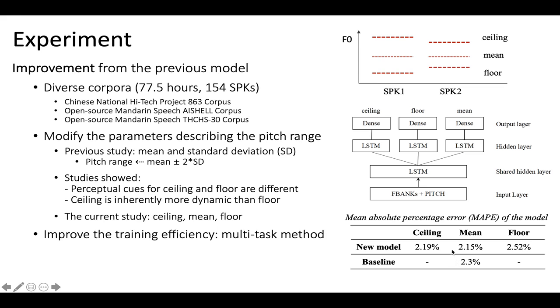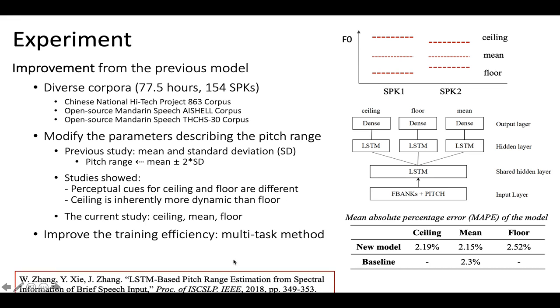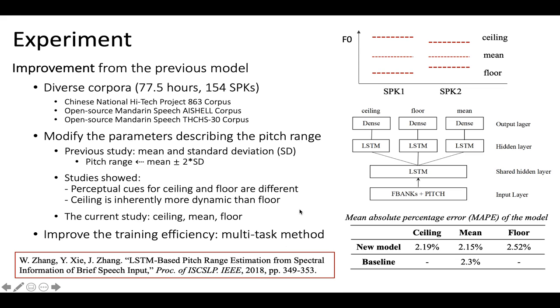From the table, we could find the performance of mean is improved from the baseline model, but we failed to find the performance of the other 2 parameters in the baseline model because of the different model designing. For more details about the experimental setup, you might check our previous study in 2018.